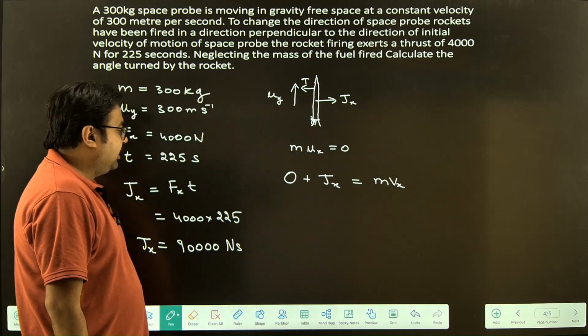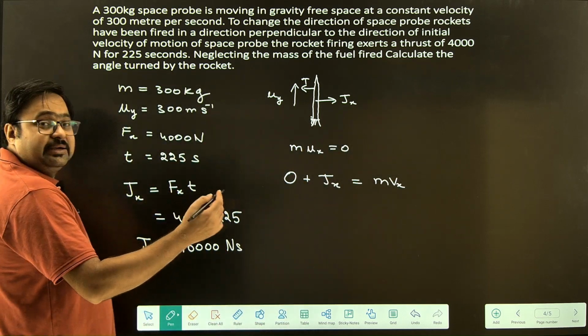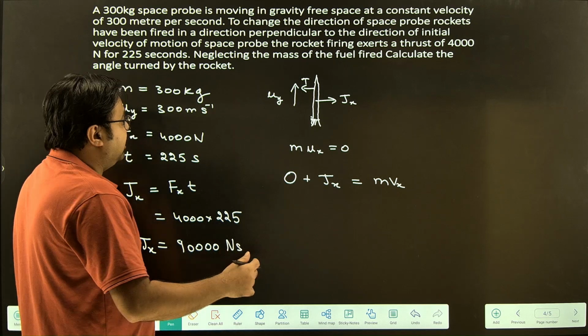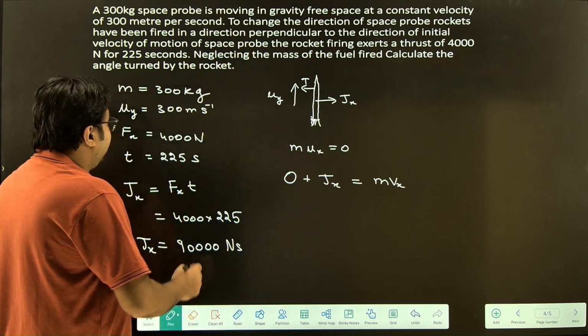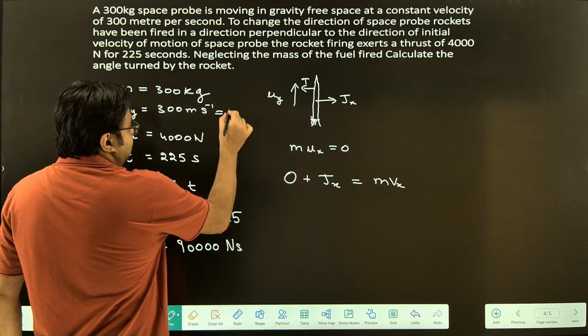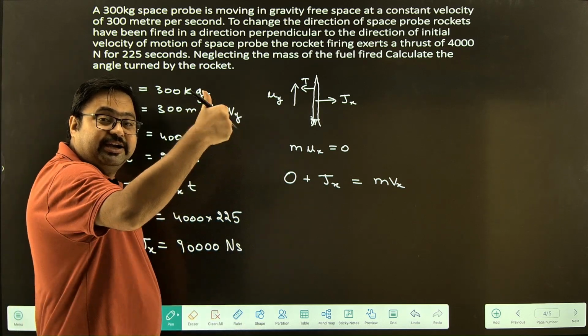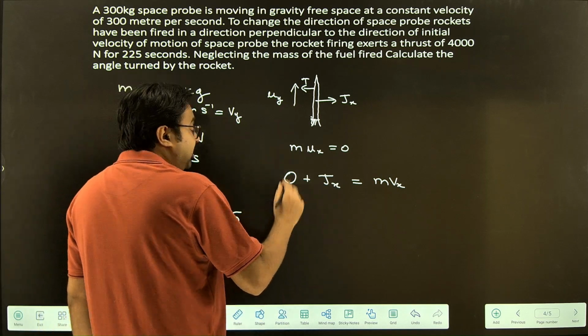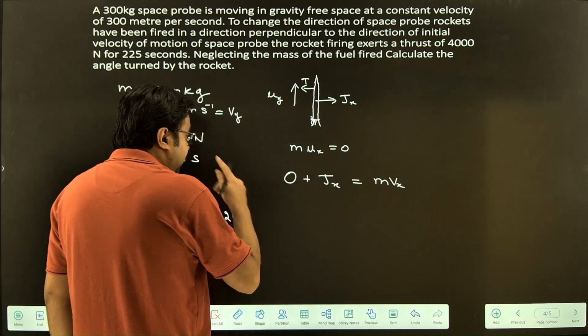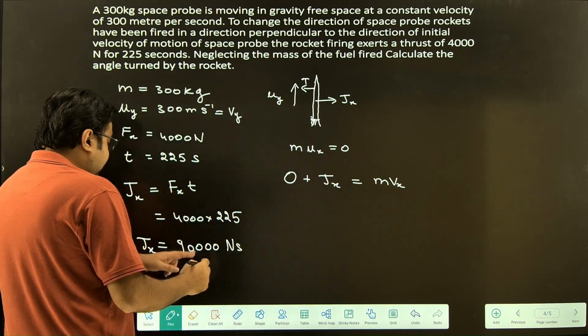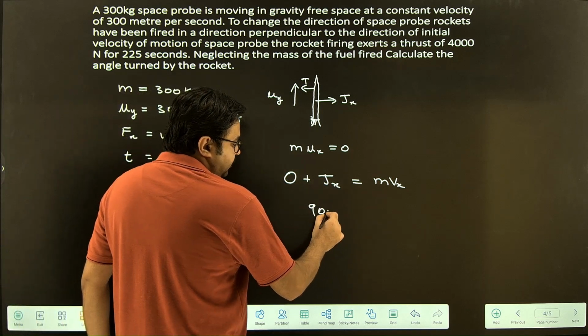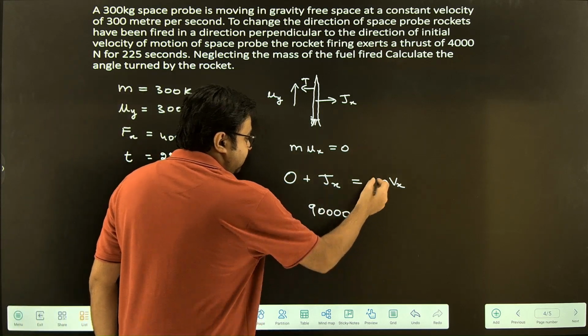That's m into vx. I told you that the initial momentum and the final momentum along the y direction would remain the same. So uy is also equal to vy, which means that velocity along the y direction would remain the same, because of which the momentum remains the same. We have jx, that's 90,000. That's equal to m.